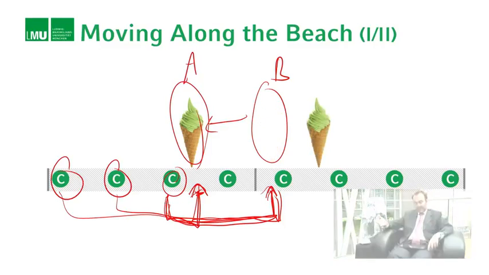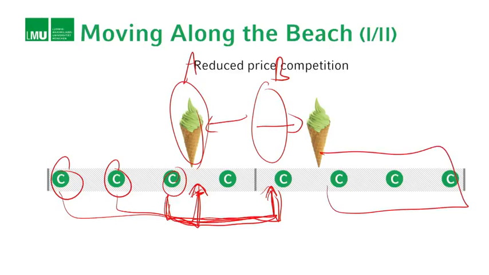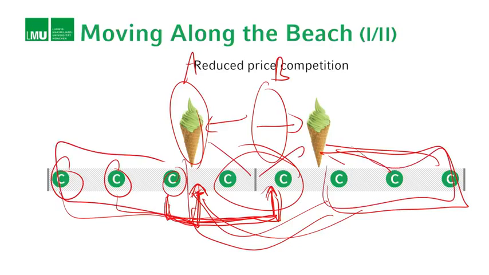So seeing that, seller B might move out as well. If he moves out as well, then he's going to have the same three consumers that would be much more interested in buying from seller B than buying from seller A. And basically competition only takes place for these two consumers, right? So there's competition here, but there's virtually no competition in these backyards for the two sellers.